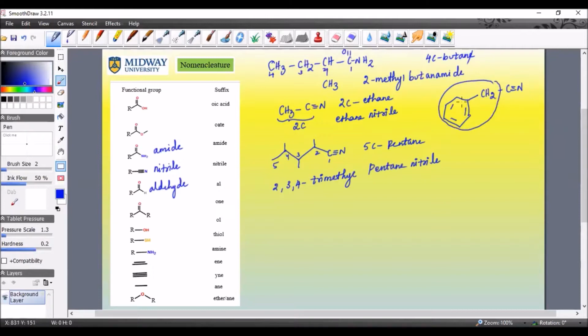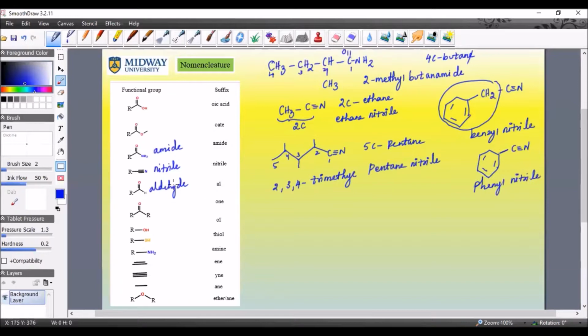It's going to be very difficult for you to name this if you don't remember that. This is benzyl, and this is a nitrile, so benzyl nitrile. This is the only thing you may have to remember, like I said, the phenyl. Or if you have this, this is phenyl nitrile.